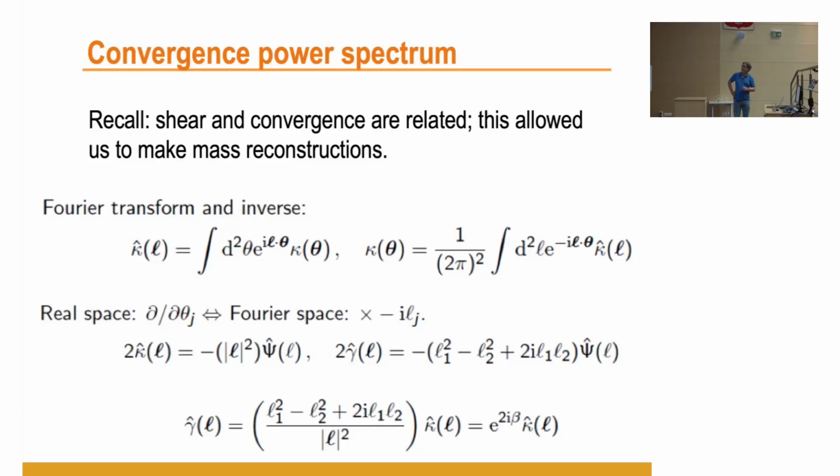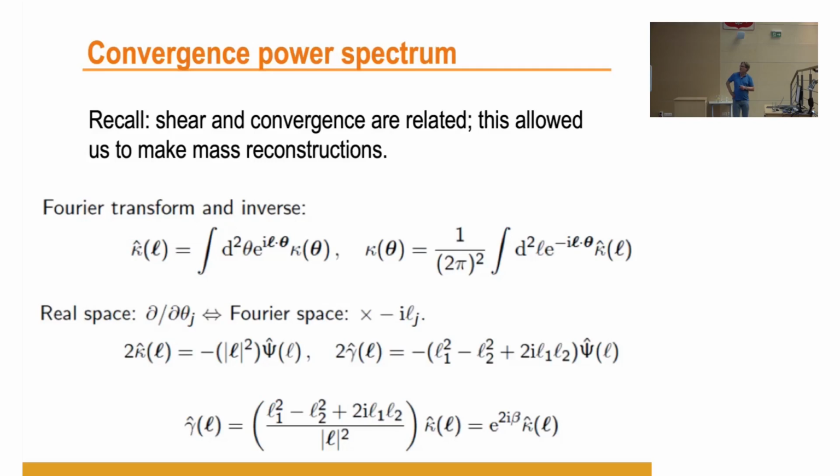So this is a different way of saying what we saw this morning, this mass reconstruction, in Fourier space. It looks like this, and I can rewrite this as basically a complex phase, a power and an angle.